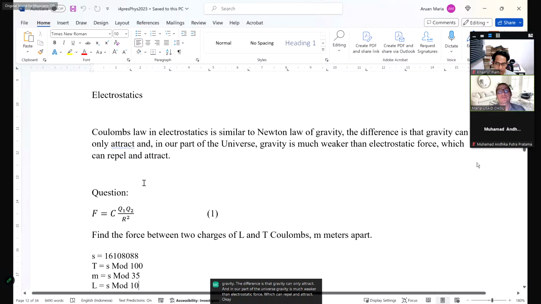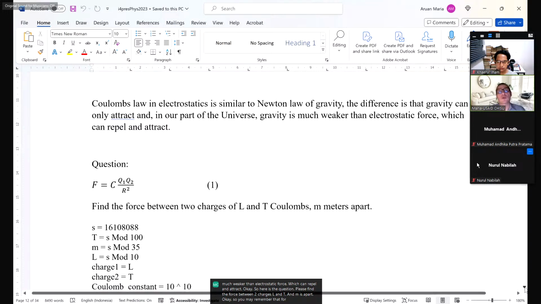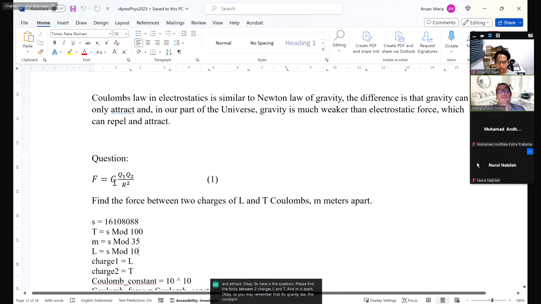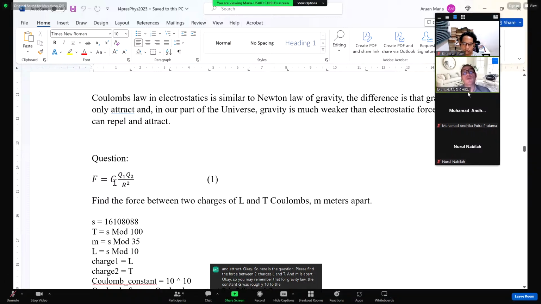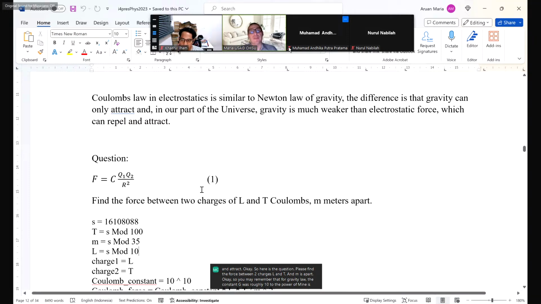So here is the question. Please find the force between two charges, L and T coulombs, m meters apart. You may remember that for gravity law, the constant G was roughly 10 to the power of minus 10.